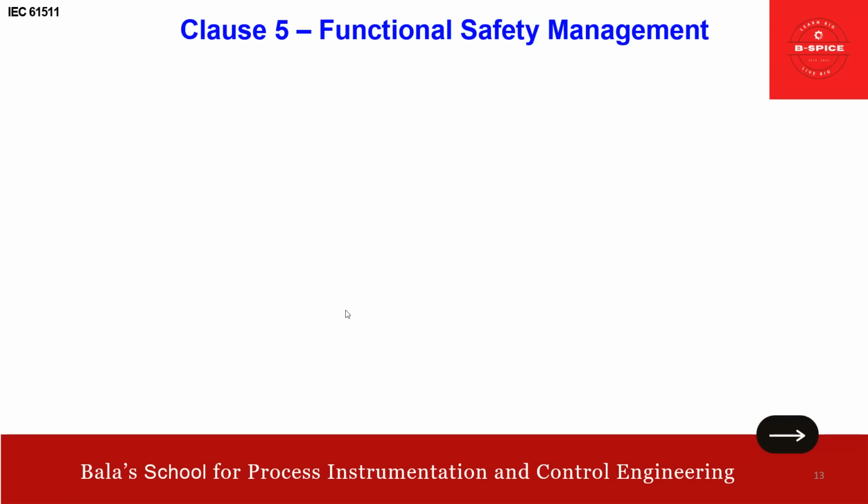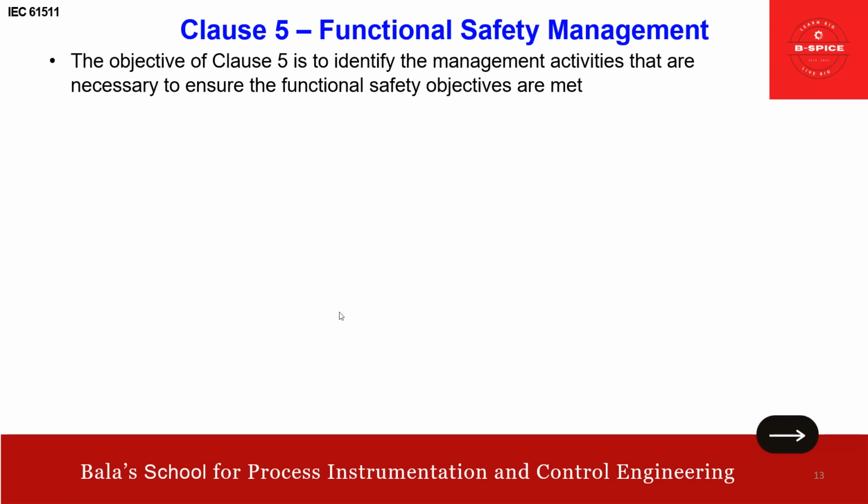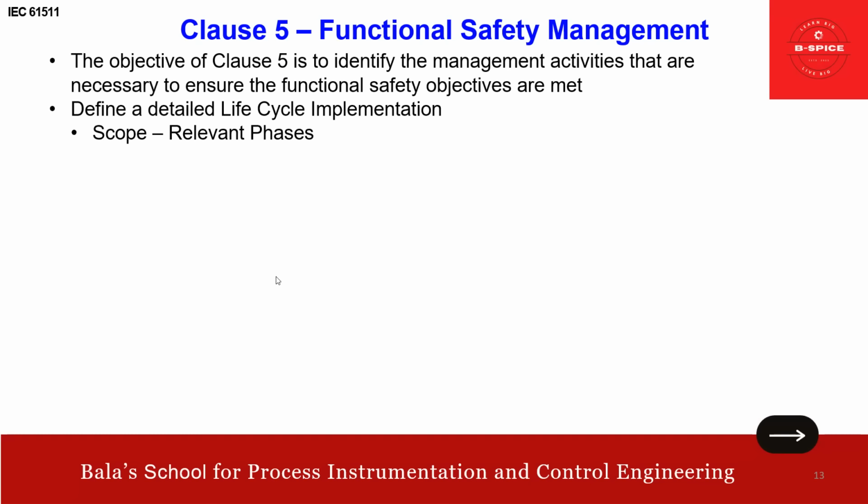Now, clause 5 talks about functional safety management. So what is the objective? The objective of clause 5 is to identify the management activities that are necessary to ensure the functional safety objectives are met. It defines a detailed life cycle implementation. Basically, they define the scope and the relevant phases.